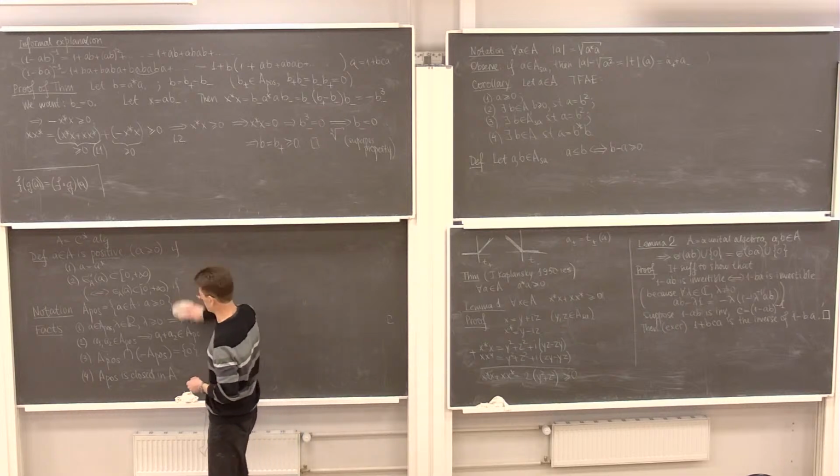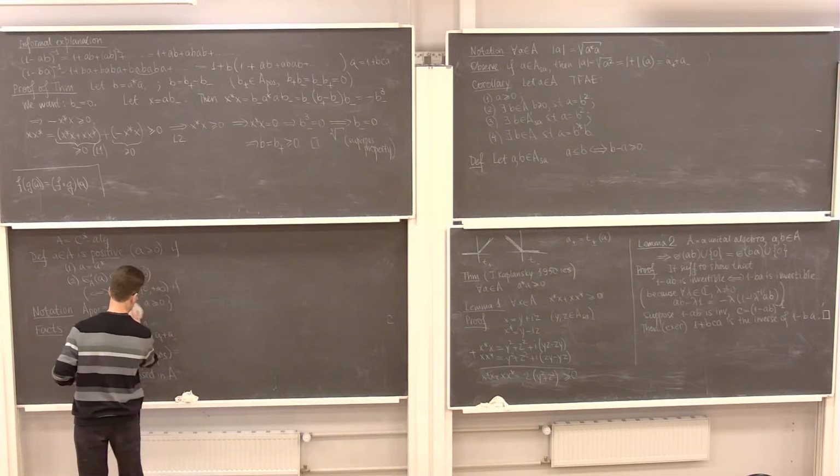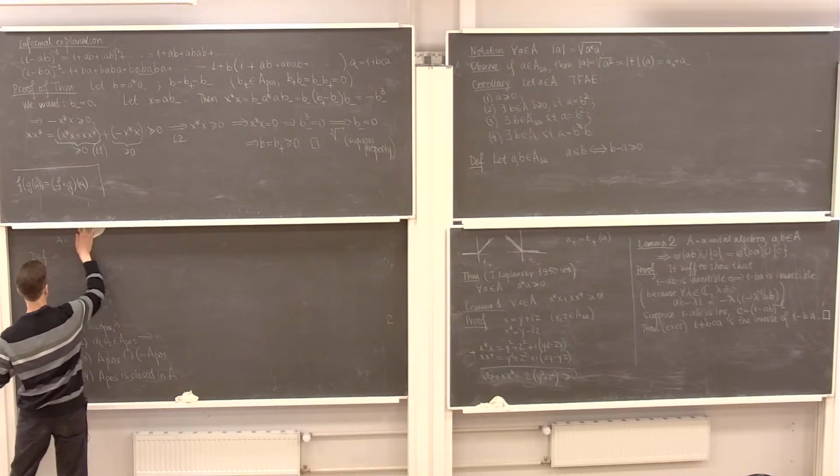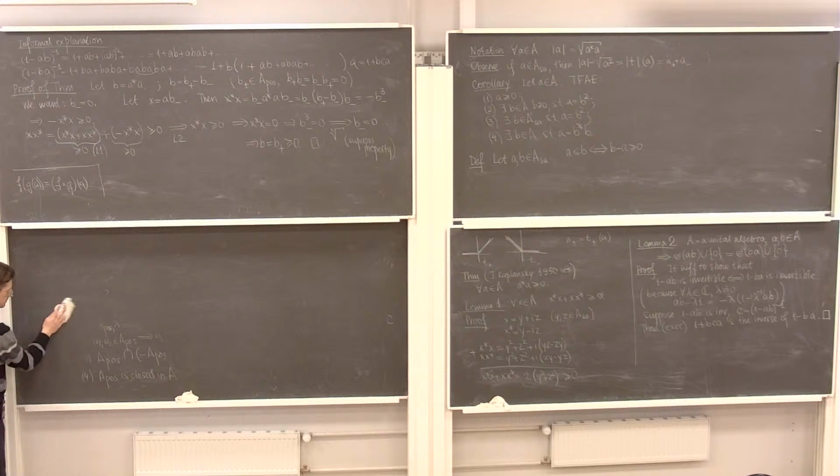Well, again, in the commutative case, in the case where A is the algebra of continuous functions on a compact topological space, this is just the usual order relation for real-valued functions.